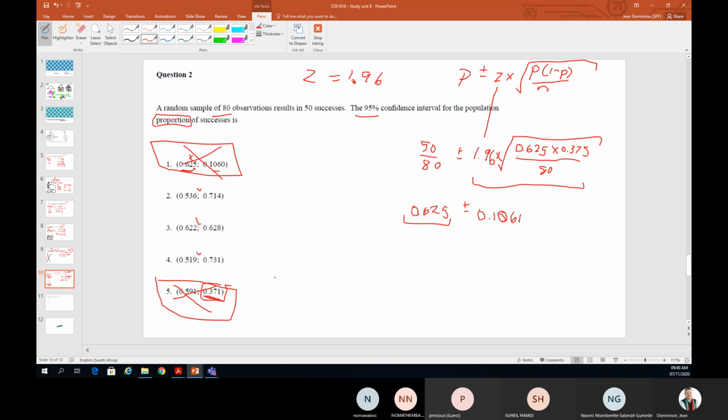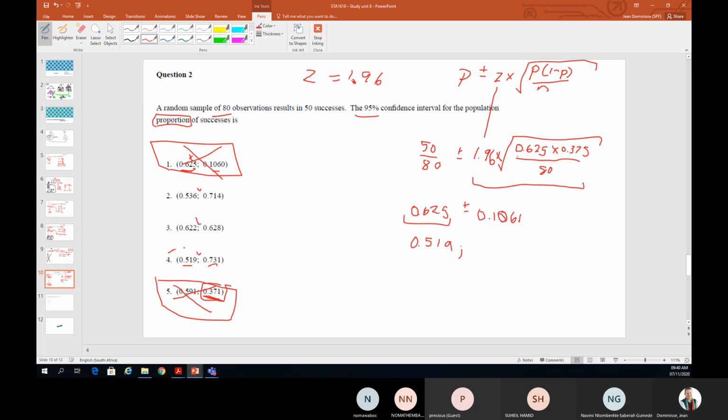Okay, so basically 0,625 minus 0.1061 gives us 0,5189. They want it rounded off to 3, so 0,519.